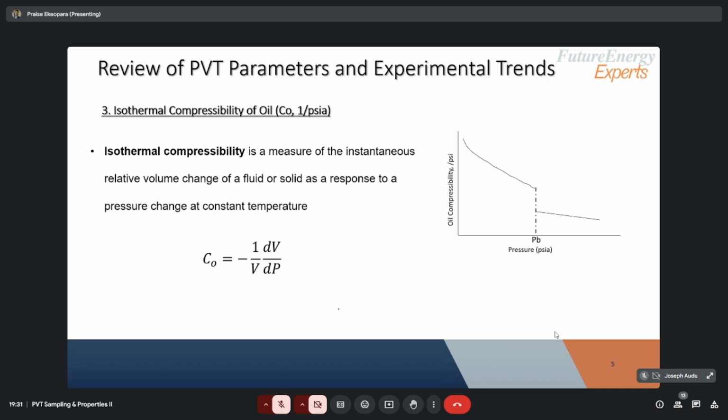When we want to measure change in volume with respect to pressure, compressibility must be there. Isothermal compressibility is a measure of the instantaneous relative volume change of a fluid or solid as a response to a pressure change at constant temperature.